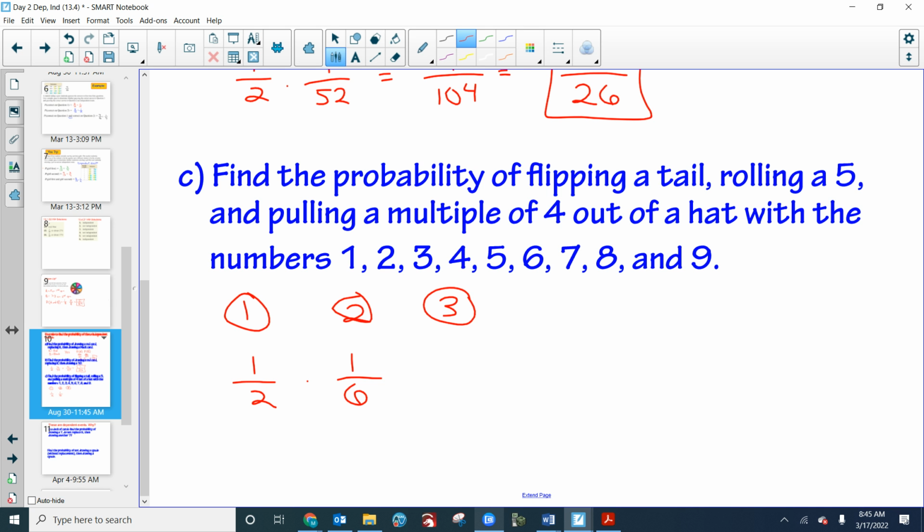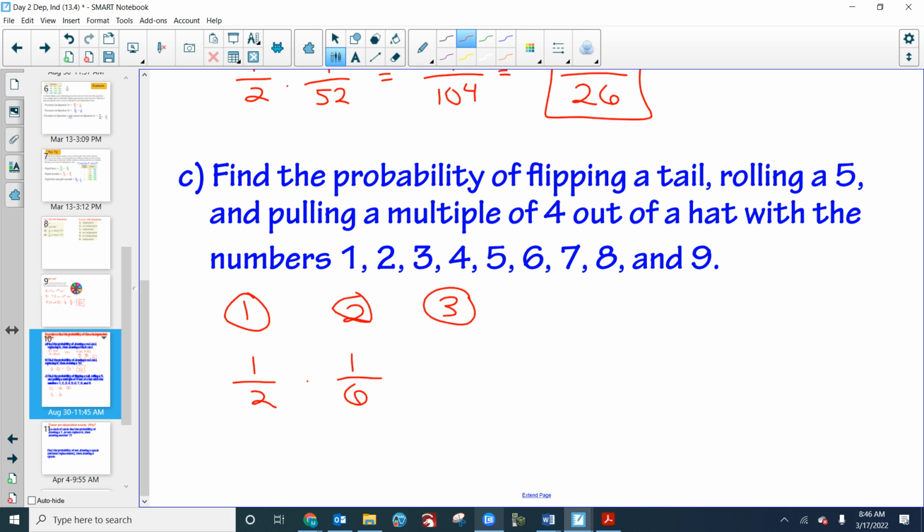Event 3, pulling a multiple of 4 out of a hat with those numbers in it. How many multiples of 4 are there? What are multiples of 4? 4, 8, 12, 16, 20, 24. No, let's stop, we're not using all of them.